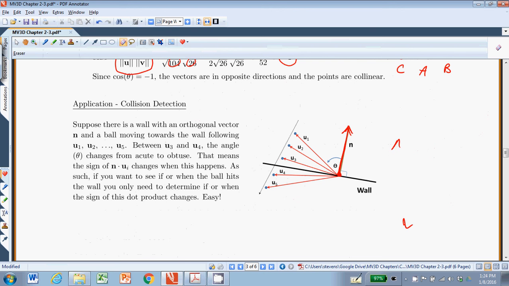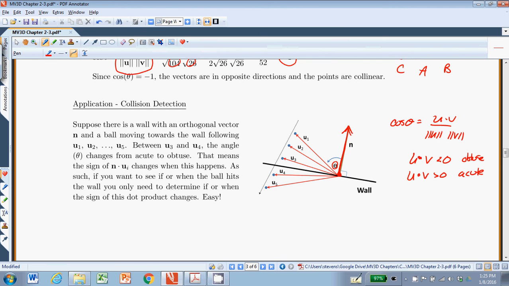Then there's this angle theta, and the cosine of theta equals u dot v over size of u times size of v. Remember, if u dot v is less than 0, the angle is obtuse, and if u dot v is greater than 0, it's acute.